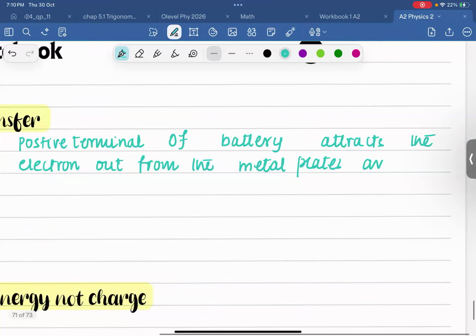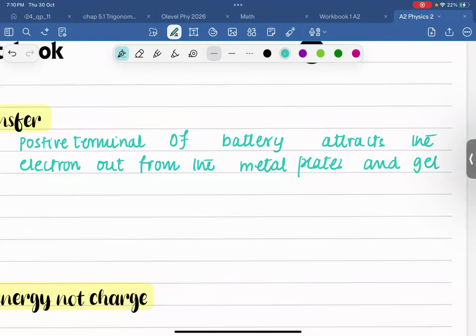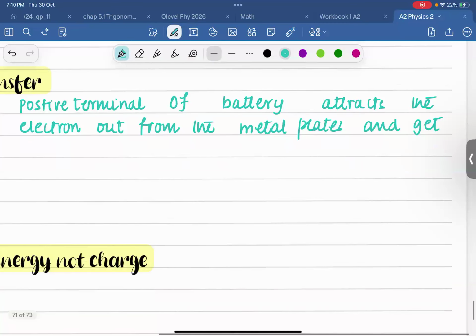And they get stored on the opposite plate, okay?